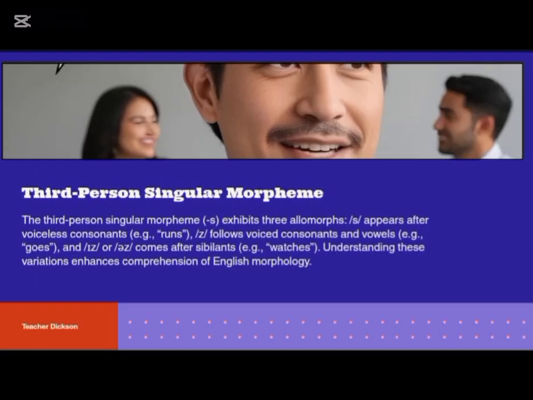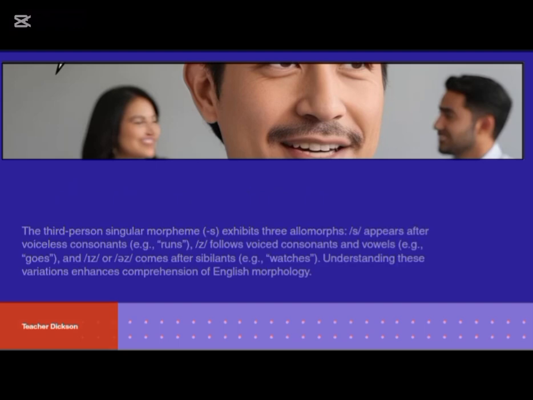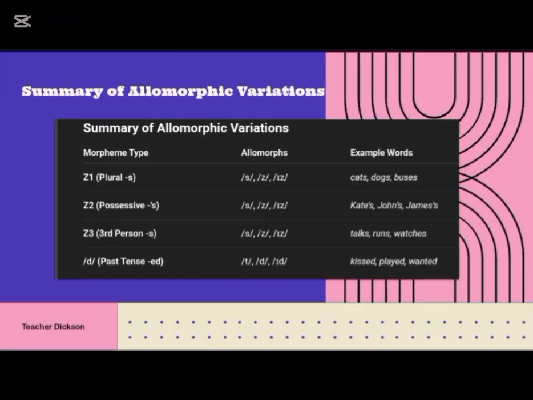S appears after voiceless consonants. Example, kicks. Z follows voiced consonants and vowels. Example, goes. And iz comes after sibilants. Example, watches. So understanding these variations enhances comprehension of English morphology, which is the study of word formation.